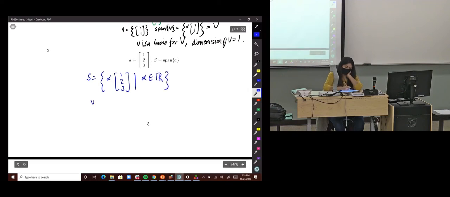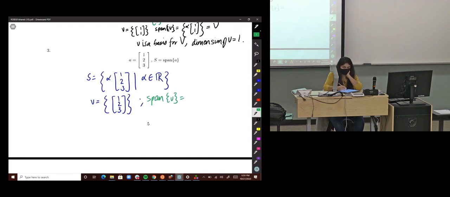So if I take the set of basis vectors v to just be (1, 2, 3), I will see that the span of v is the linear combination of the one element that is in v, which is alpha times (1, 2, 3), and alpha is a real number.